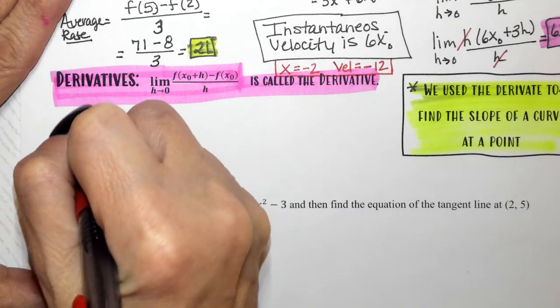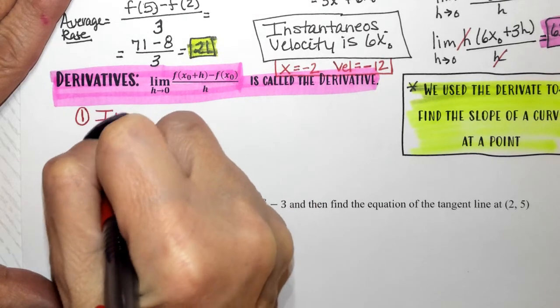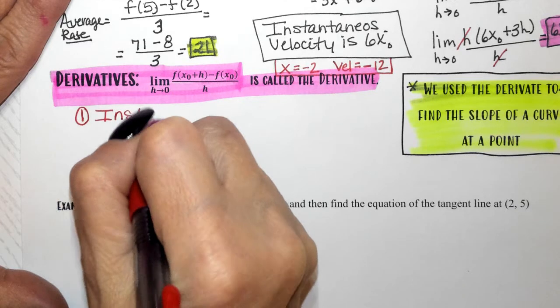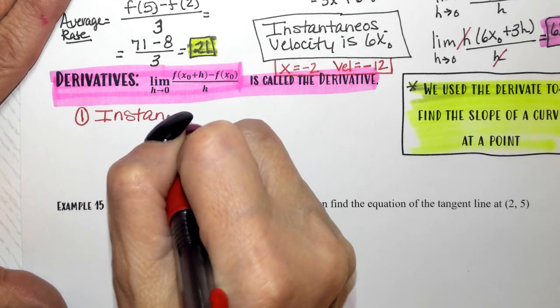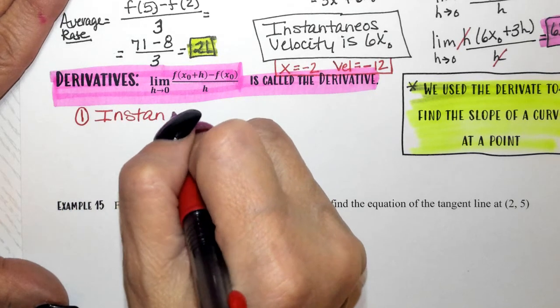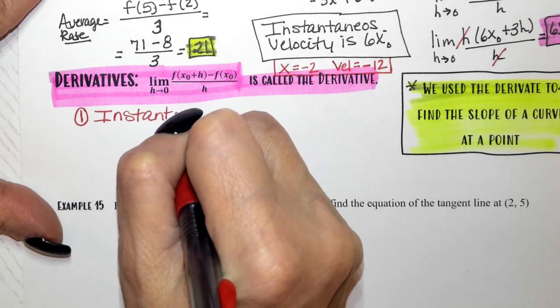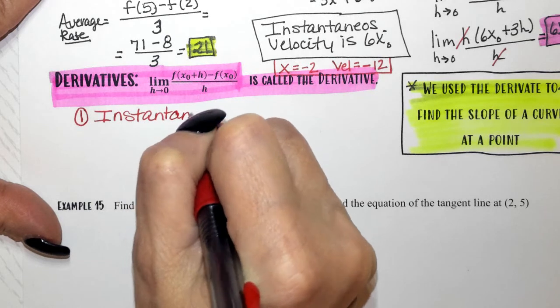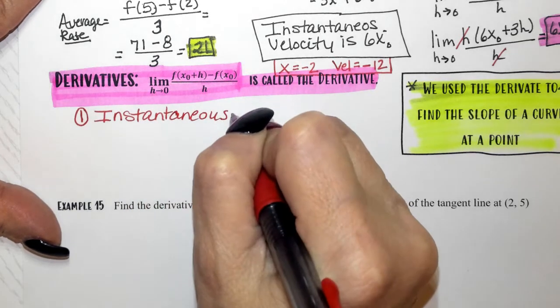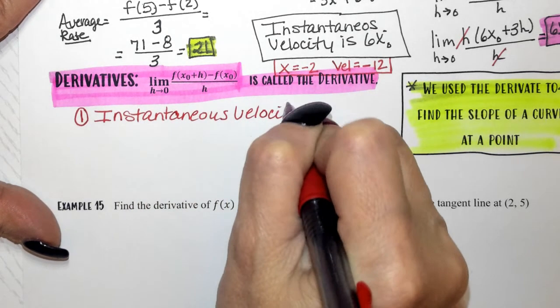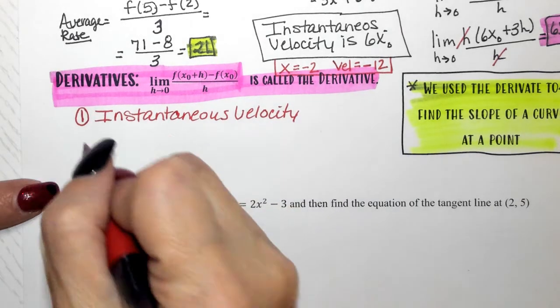So when I say find the instantaneous, I hate writing this because I can never spell it. Okay, I have to cheat. Where did it go? Oh, there, instantaneous. When I said find the instantaneous velocity, that's finding the derivative.